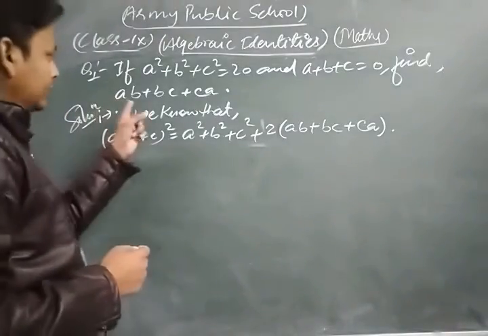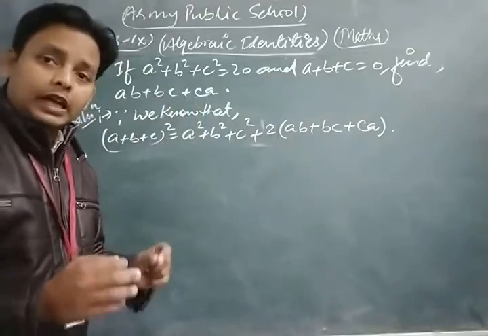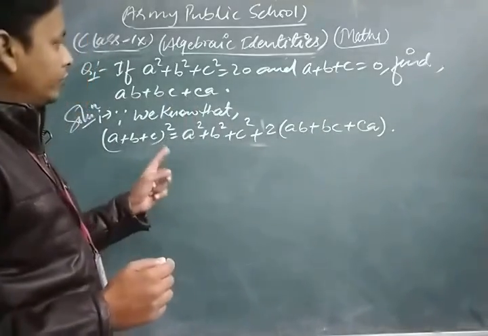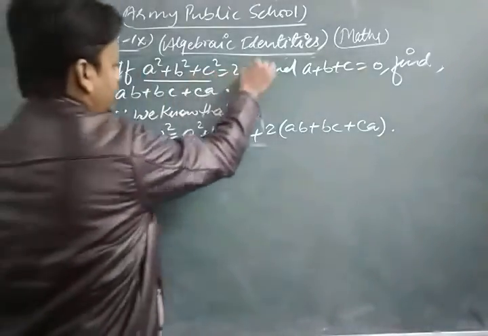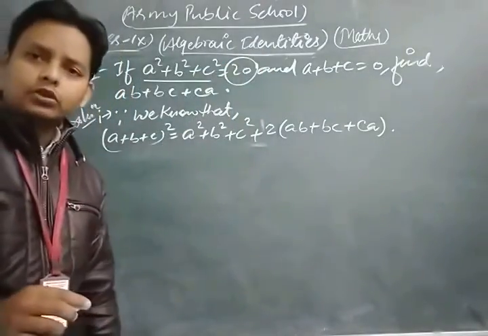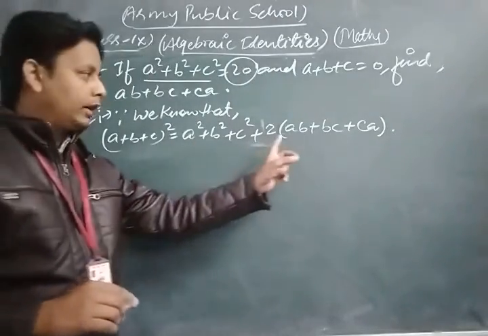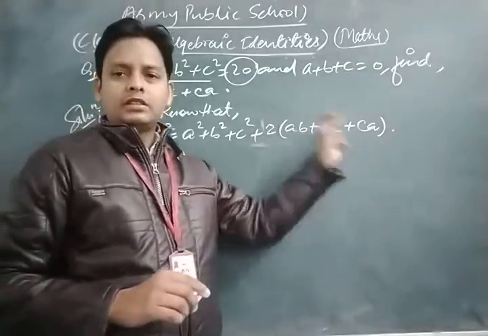Now look here, we find the value of ab plus bc plus ca, and it is given that the value of a square plus b square plus c square is 20, and the value of a plus b plus c is equal to 0. Now we put all these values in the given identity and we find the value of ab plus bc plus ca.